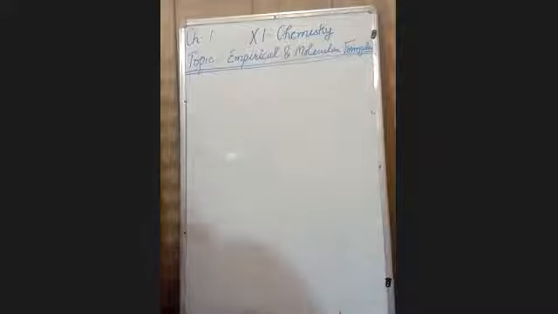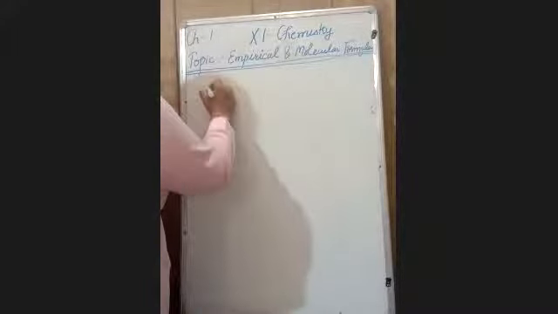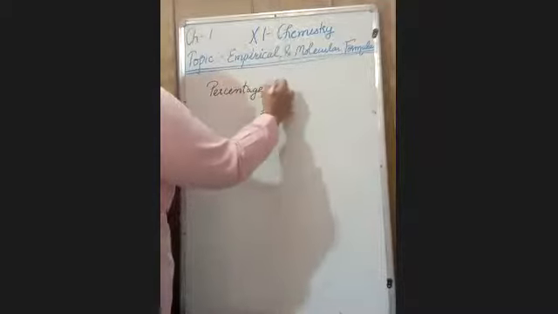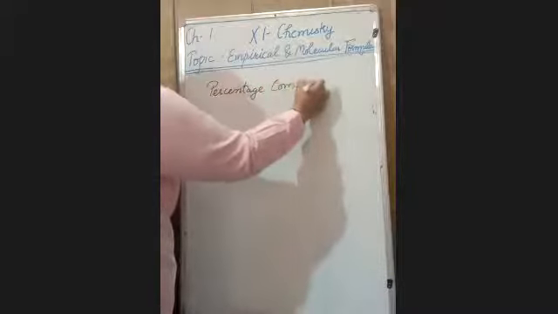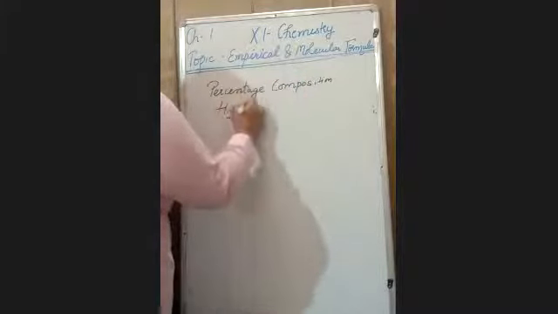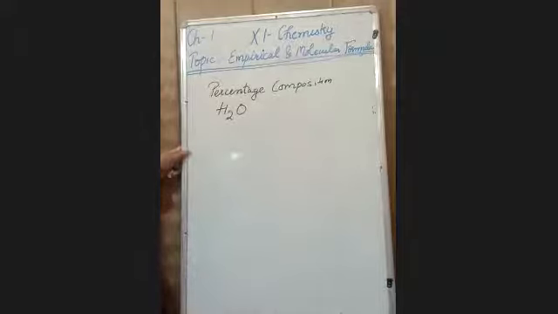How does a question come from empirical formula? Suppose I am taking the percentage composition of water. In the last lecture, we discussed this topic, percentage composition. Suppose I say calculate the percentage composition of hydrogen and oxygen in water. How will you calculate?